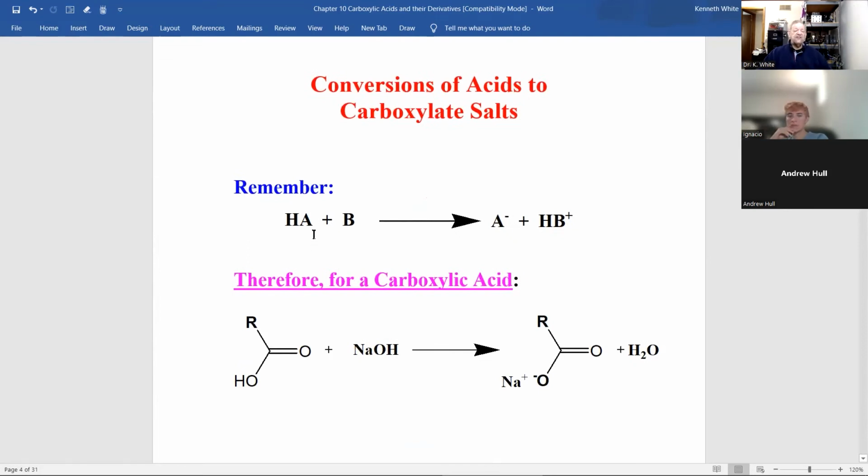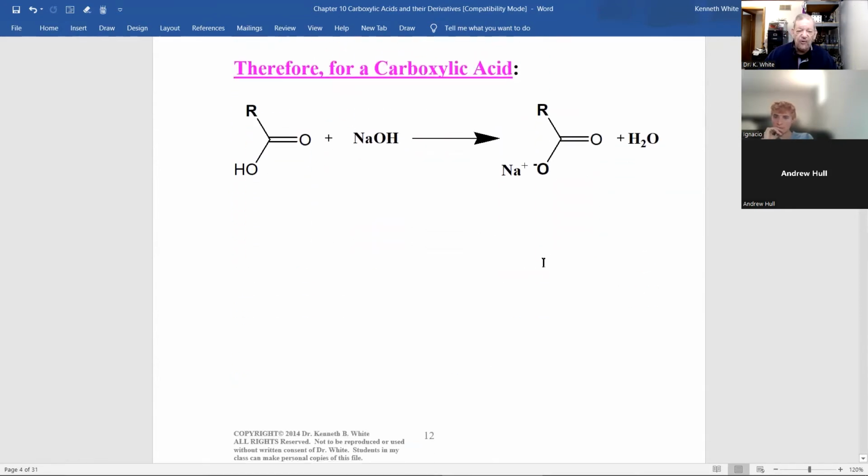Now, if you take an acid, HA, plus a base, B, aren't those amazing, creative? But it works. You get a proton transfer and get the anion plus the salt HB plus, which means if I have a carboxylic acid reacted with sodium hydroxide, this is called the carboxylate anion.